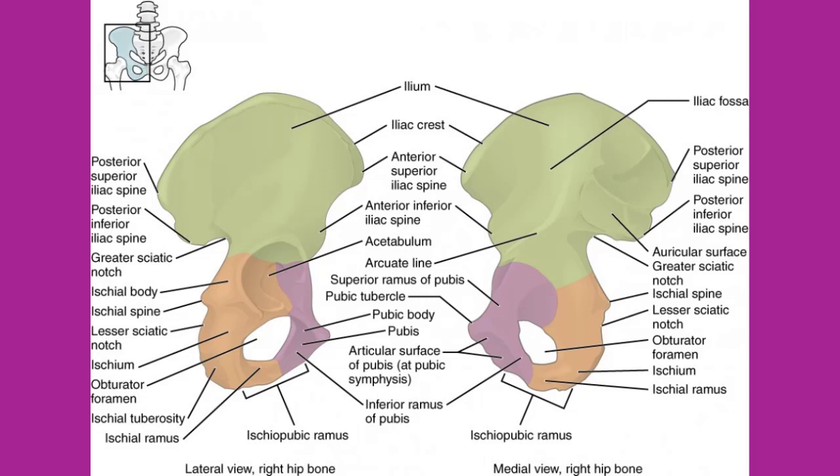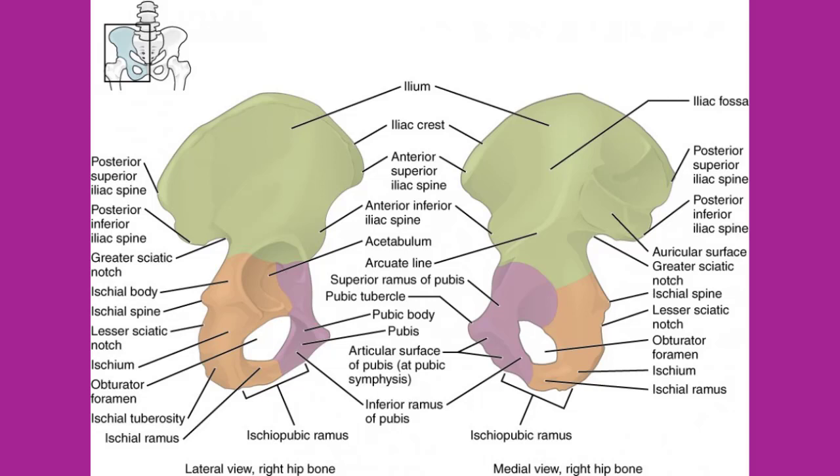The ischium forms the posterior lateral portion of the hip bone, and the large roughened area of the inferior ischium is the ischial tuberosity. This serves as the attachment for the posterior thigh muscles and also carries the weight of the body when sitting. You can feel the ischial tuberosity if you wiggle your pelvis against the seat of the chair.